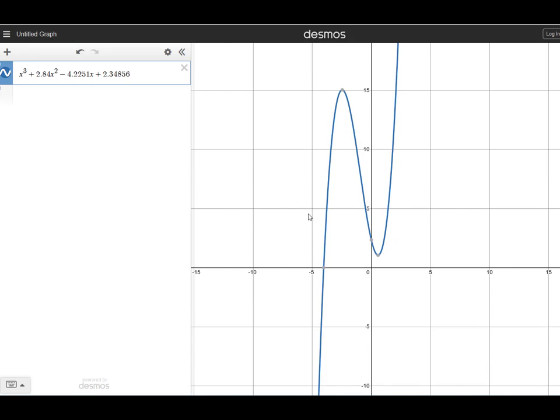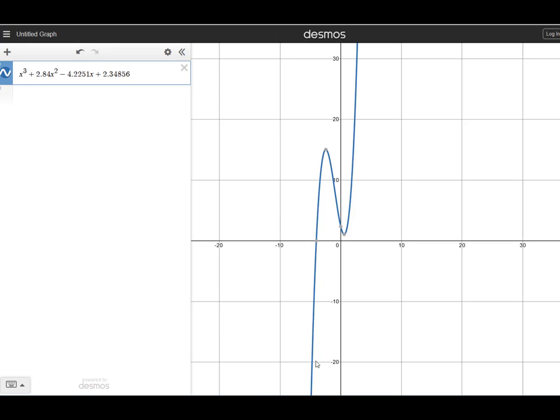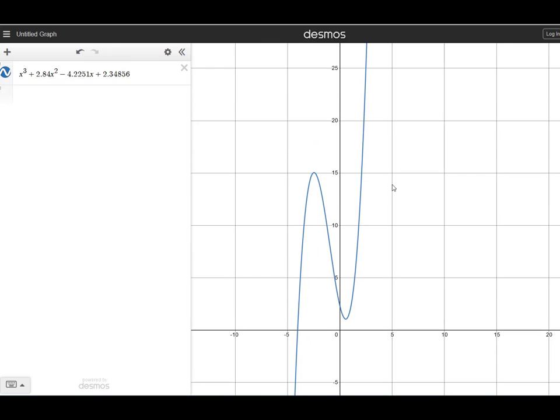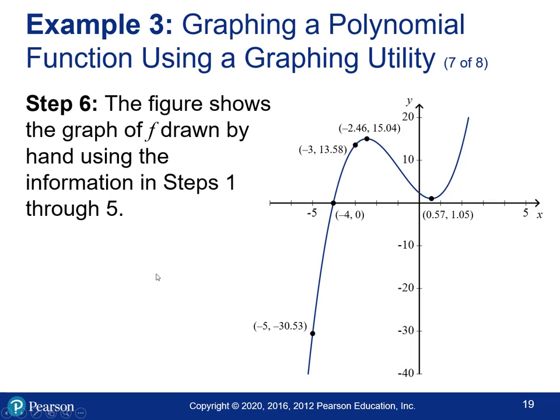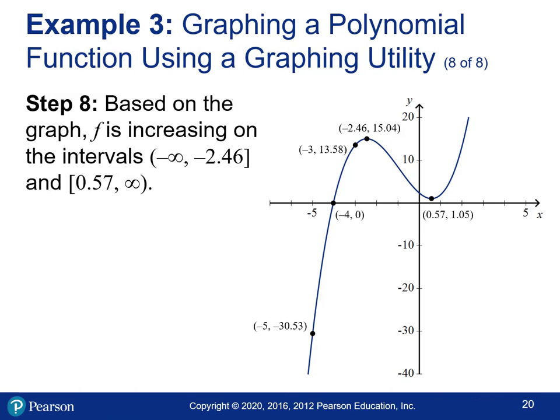And then some of the other points we found, notice if we zoom out, it lets us know how low this goes, how quickly it drops down to the left, and then how quickly it goes up to the right. So here is our graph, zoomed in from what we had just seen. And we have our range, all real numbers, because the graph goes up right and down left.